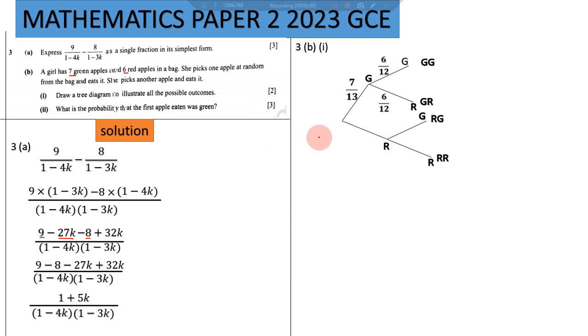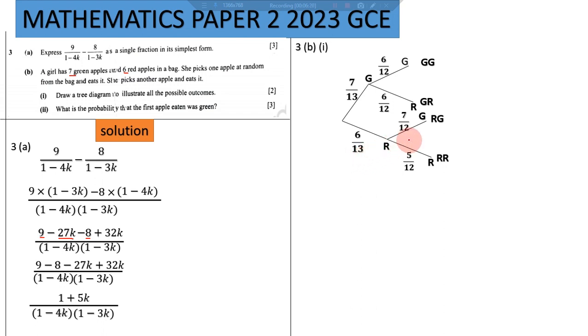Okay. The second branch in the first draw, we have 6. So in the second draw here, in the first draw, we are having 6 over 13 because red apples are 6 and the total still remains the same in the first draw.